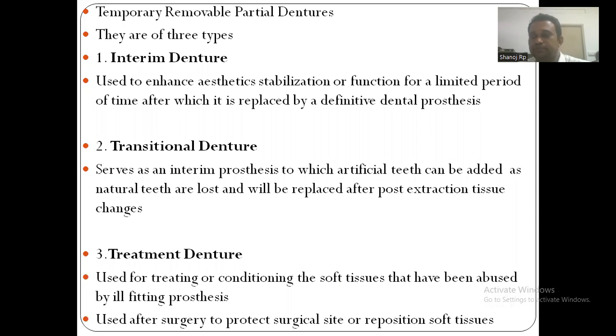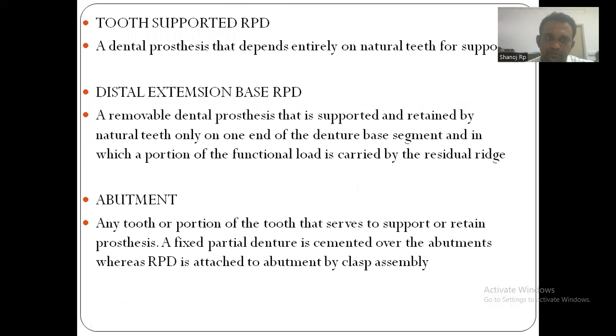The third one is the treatment denture. It is used for treating or conditioning the soft tissues that have been abused by ill-fitting prostheses. They are used after surgery to protect the surgical site or to reposition the soft tissues. A tooth-supported RPD is a dental prosthesis that depends entirely on the natural teeth for support.